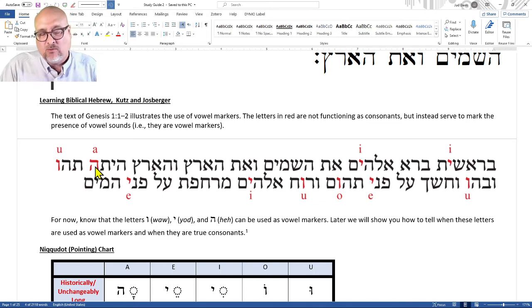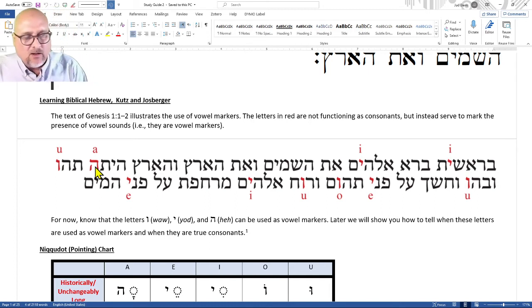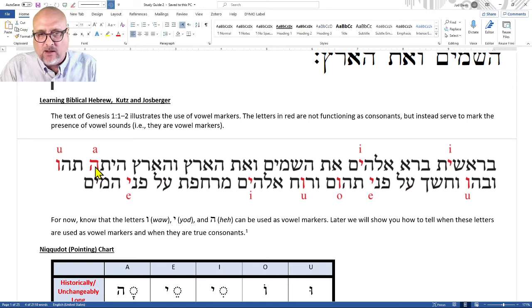And so that system continued for a while, and then they went to the pointing system, and the pointing system worked a lot better. But when scribes were copying the text, they started counting how many olives were there, how many baits were there.